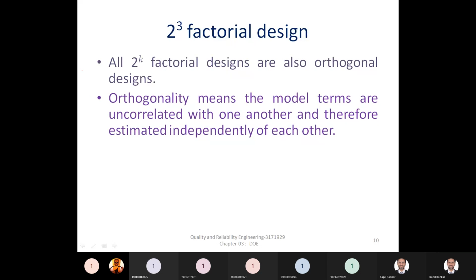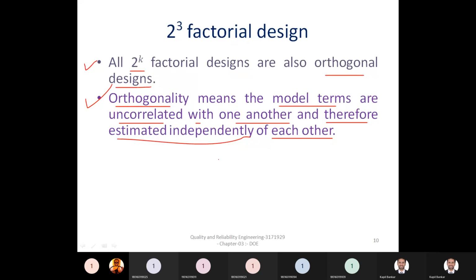All 2 raised to k factorial designs are also orthogonal designs. Now, what does orthogonal mean? Orthogonality means the model terms are uncorrelated with one another, and therefore estimated independently of each other. That is orthogonality.